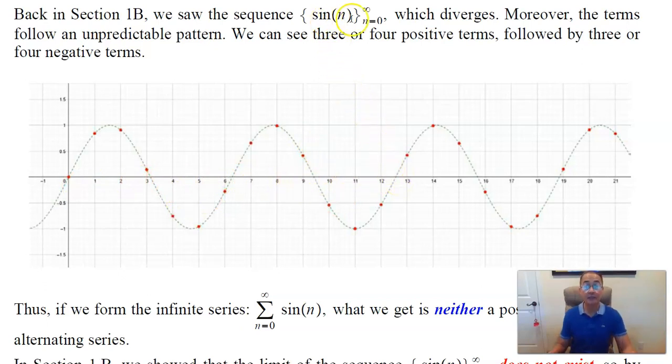But our sequence is sine of n. So basically we want sine of 1, which is over there, sine of 2, which is over there, sine of 3, close to 0, sine of 4, not so close to 0, sine of 5, rather, close to -1, but no cigar, and so on.